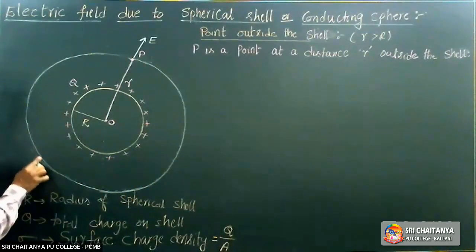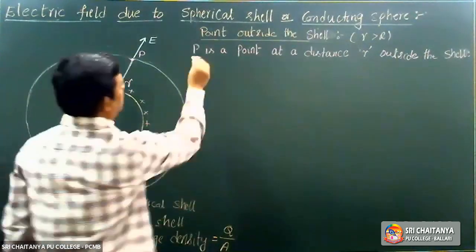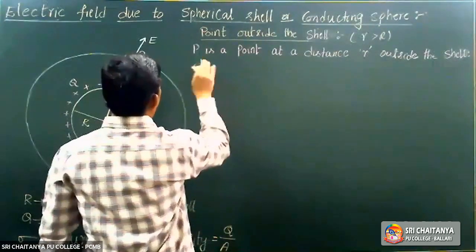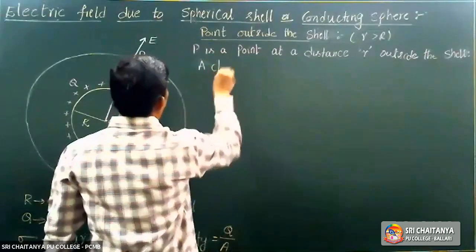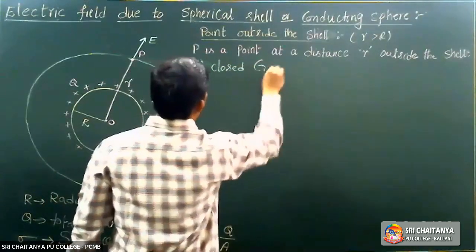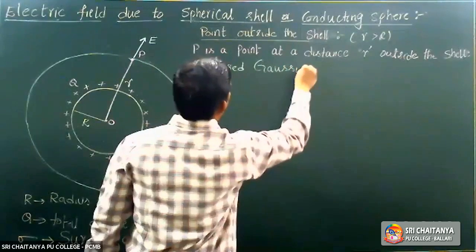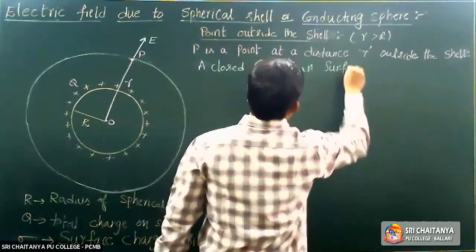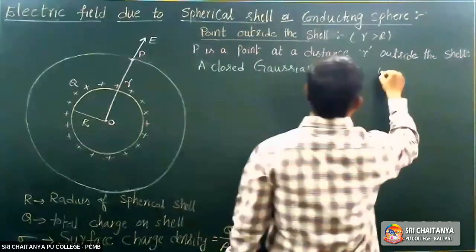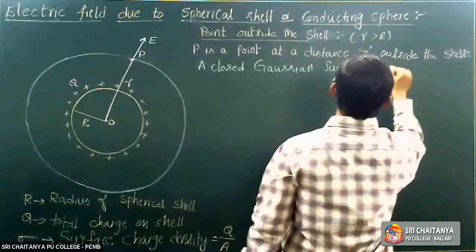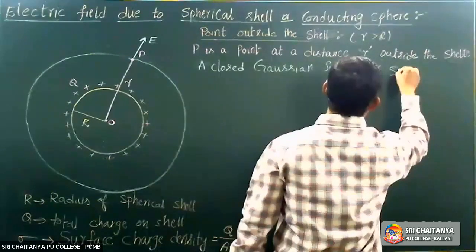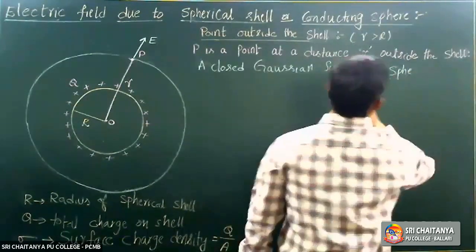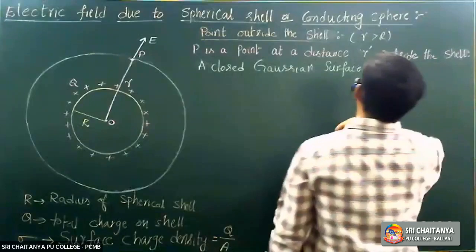So second step: a closed Gaussian surface is like a sphere.